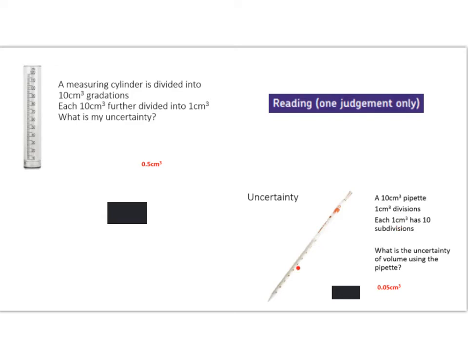Yes, each line goes up in 1 centimetre cubed, but each has 10 divisions, so that would be 0.1 centimetres cubed, and half of that would be 0.05. And again, it's a reading because you're just making the judgment of where the bottom of the meniscus goes up to. So pipettes are often more precise than measuring cylinders, with a lower uncertainty.